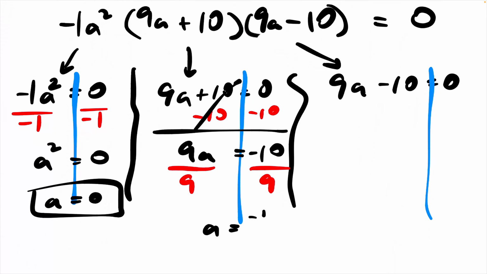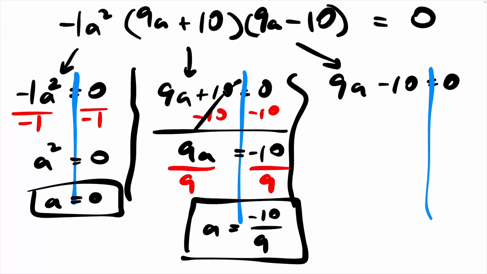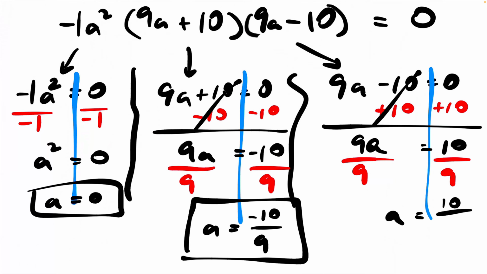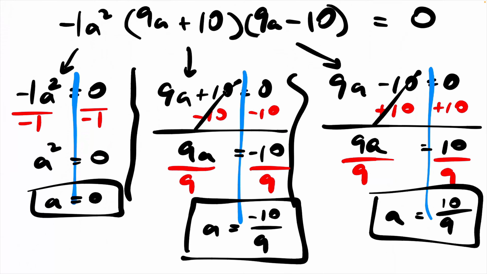You can't reduce it, so leave it. Divide by 9. Divide by 9. There's your 3 answers.